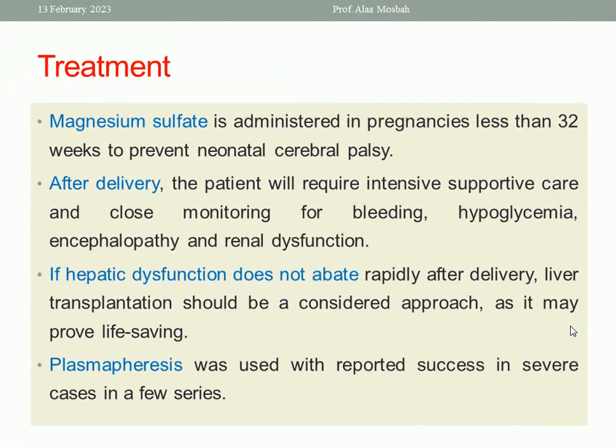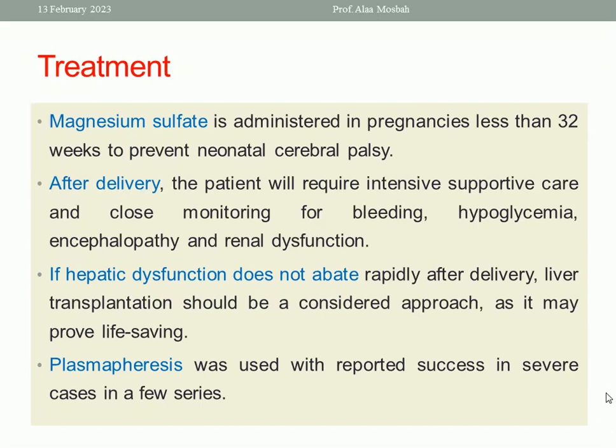Okay, if the baby is too premature, before 32 weeks gestational age, it is better to give the mother magnesium sulfate because it was found that magnesium sulfate could be protective and prevent neonatal cerebral palsy. Okay?